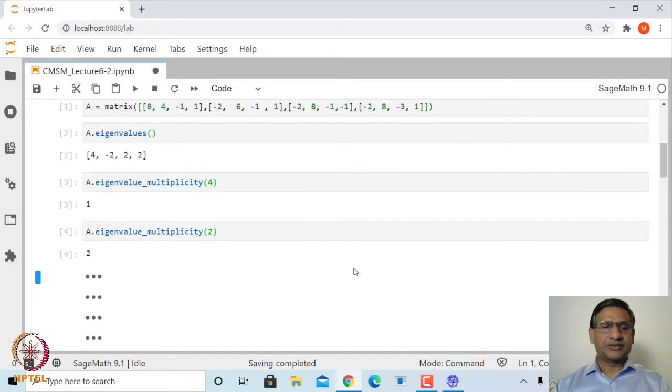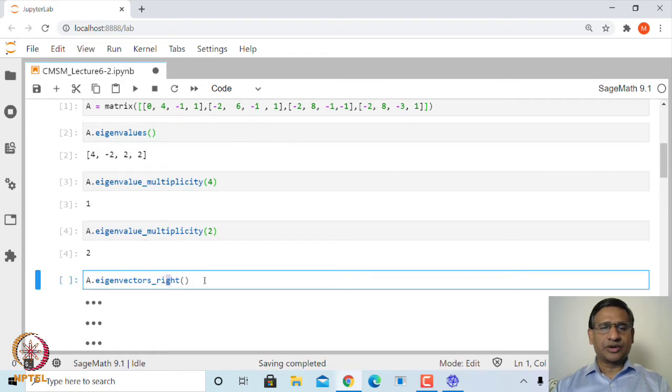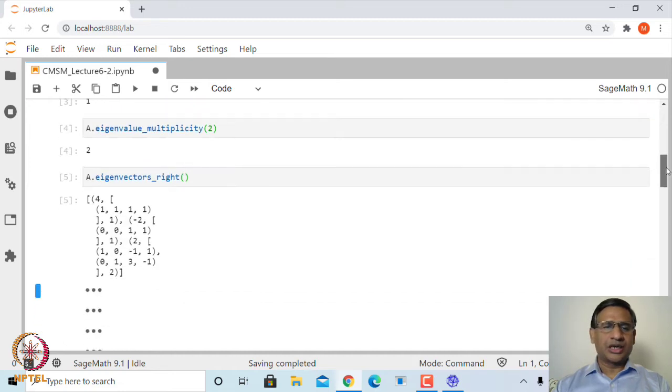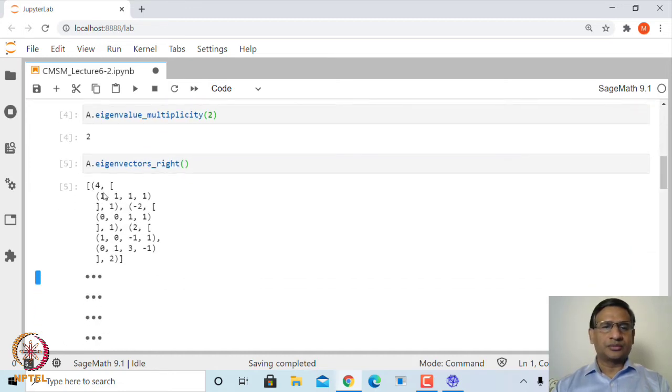Next, let us find out what are the eigenvectors of A. The eigenvector with respect to eigenvalue 4 is 1 1 1 1, and it has multiplicity 1.